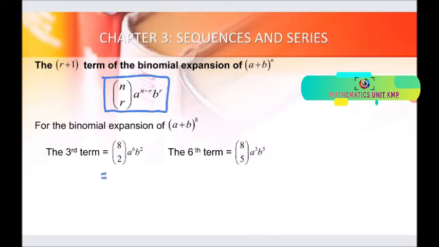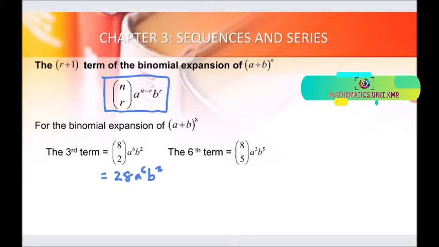And we can simplify here. 8C2 is equal to 28, multiplied with a to the power of 6 and b to the power of 2. So this will be the third term from the binomial expansion for (a + b)^8.